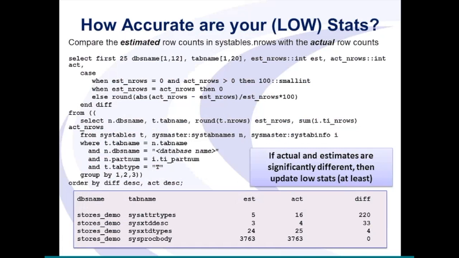By doing a join between these two tables and seeing how close the numbers are, you can get an idea if there's a big discrepancy. If the estimate says there are 10 rows in this table, but actually there's millions, you may want to update statistics low against that table.